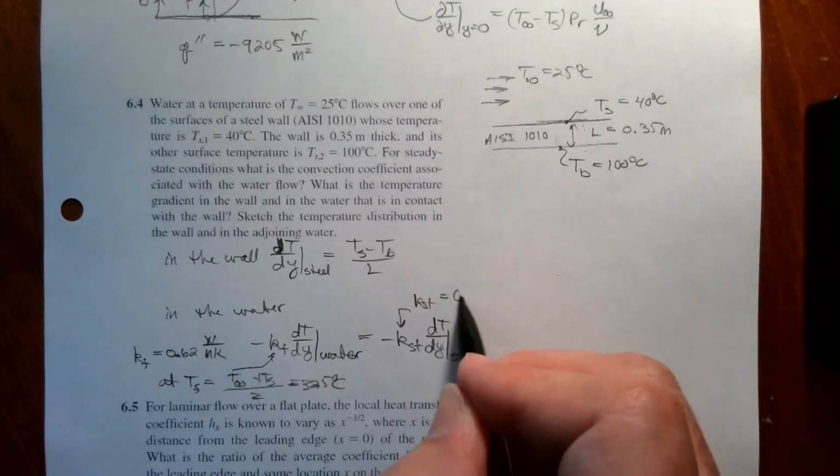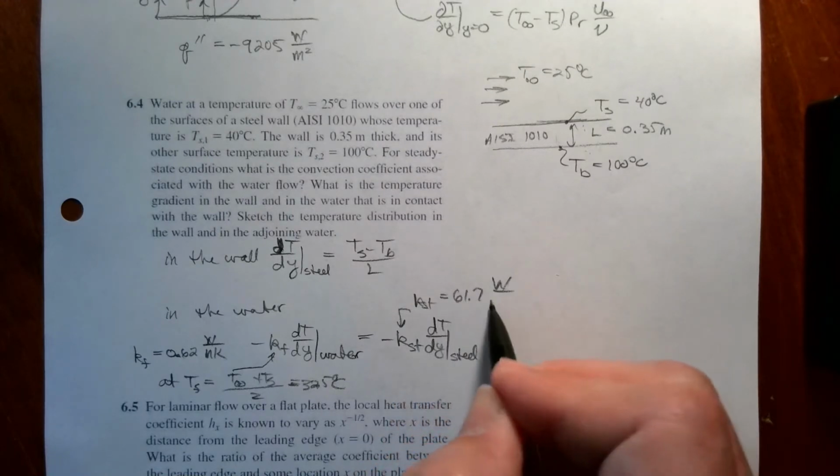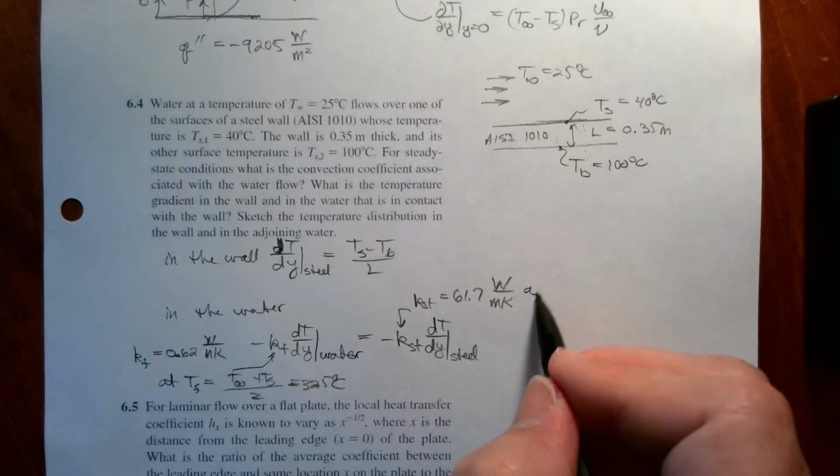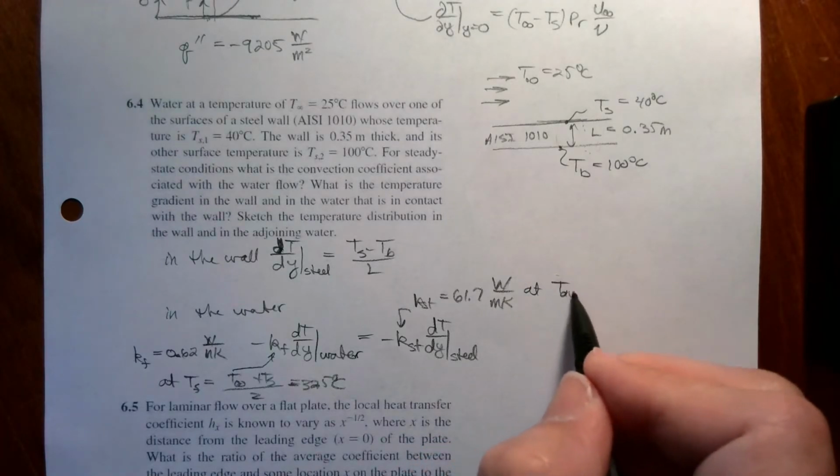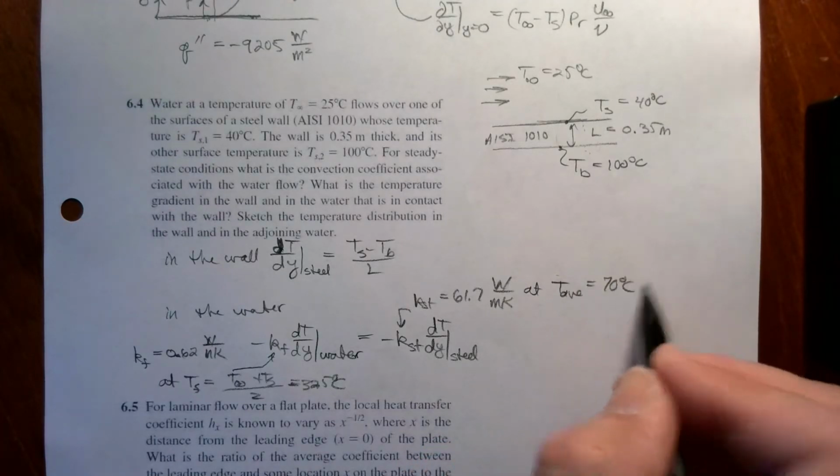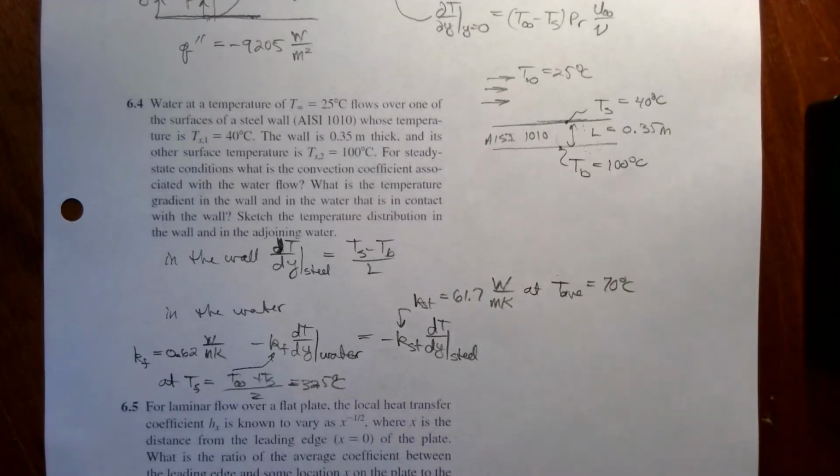K steel is equal to 61.7 watts per meter K. And this is at T average equal to 70 degrees C, the average between the 40 and the 100. Alright, okay, so that's known, right? We can put that here.